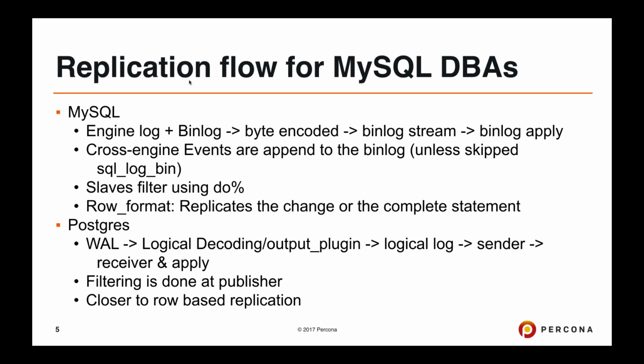And well, Postgres is actually the same. We have what is called the write-ahead log, which is the files used for restoring a database in case of failure or in case of an issue. These entries are translated into a specific logical log, which is done by this logical decoding feature.